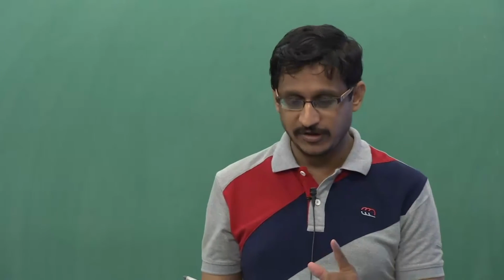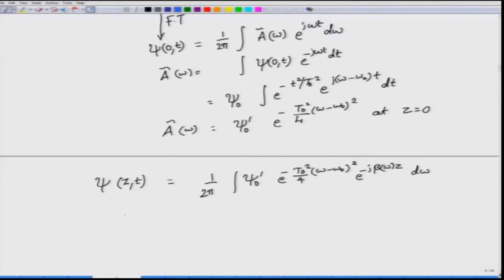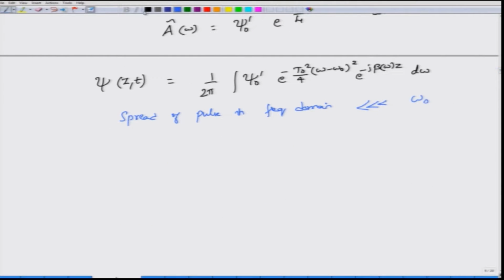What I know is that the spread of the spectrum, that is the spread of the pulse in frequency domain, the frequency domain bandwidth, as if you would say, is much smaller than the carrier frequency omega 0. Because this is smaller, I can approximate this beta around a carrier frequency.